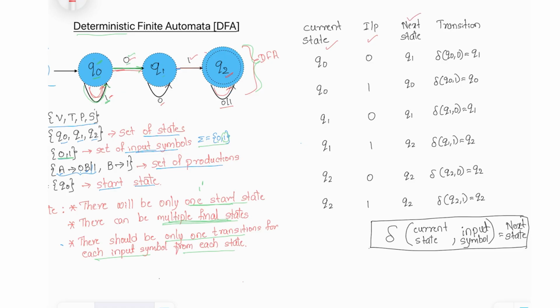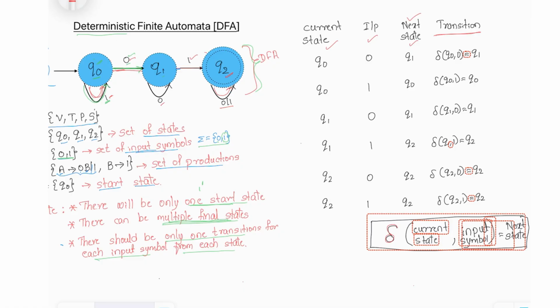That is called the next state, and that can be represented with the transition. There is a certain pattern to be followed to represent this transition: the delta symbol is used to indicate the transition.